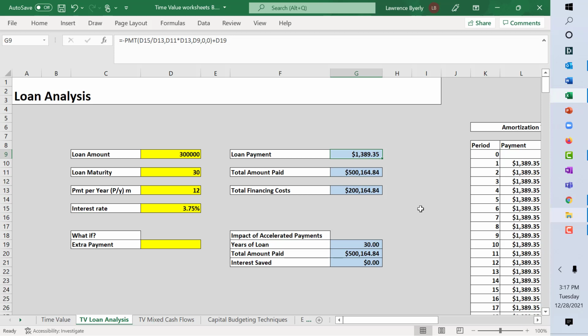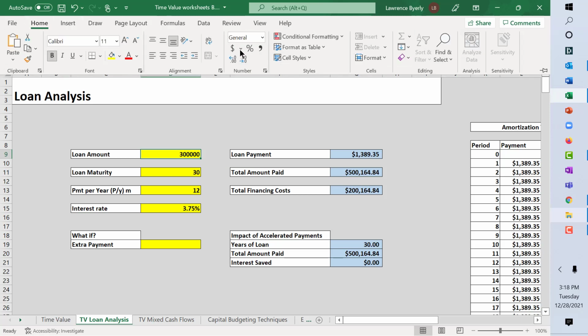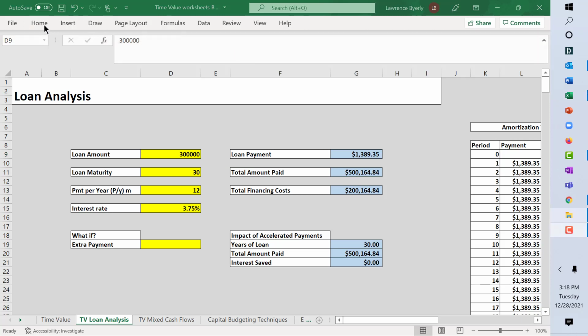And for a $300,000 house, at least around where I live, the taxes are roughly going to be about another $350 a month. So if you add $430 to that, that's what this house is going to cost you, including real estate taxes and homeowner's insurance. So if you make all 360 payments, you're going to pay $500,000 for this $300,000 house. Let me get a comma in there so we can see a little bit better.